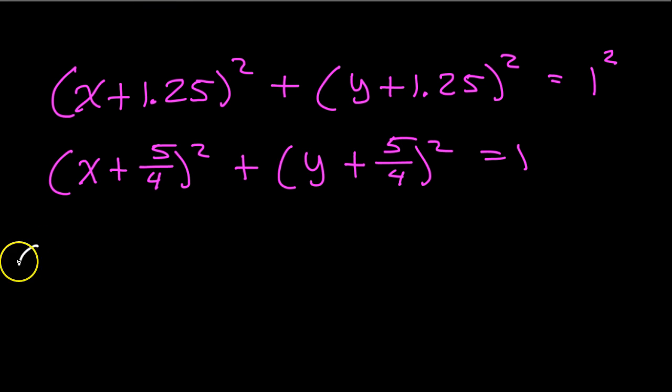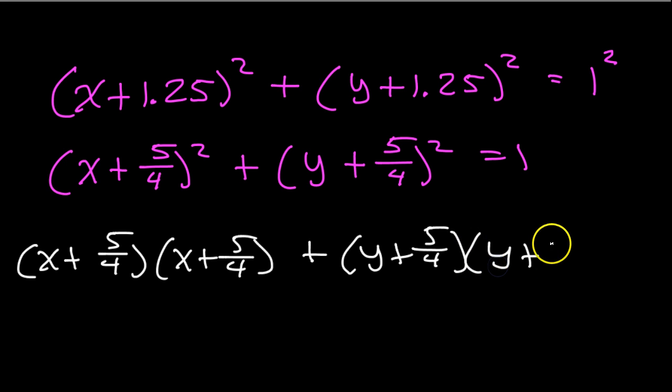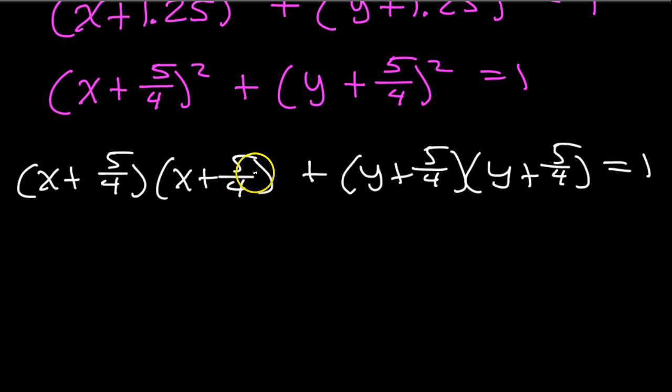So we will have to do x plus 5 over 4 times x plus 5 over 4, and we will have to do y plus 5 over 4 times y plus 5 over 4. Only thing is, once we do this for the x's, we can just sort of copy it for the y's, since it's basically the same thing with a different variable.